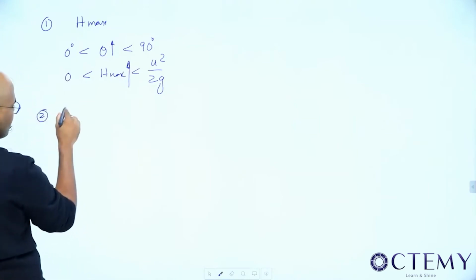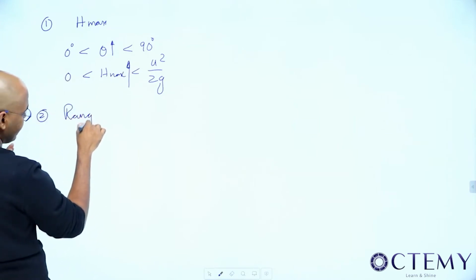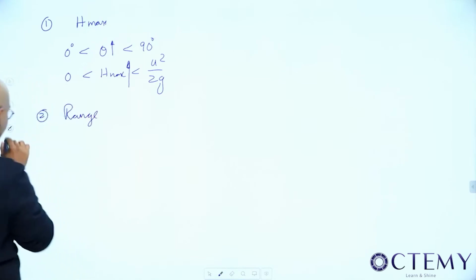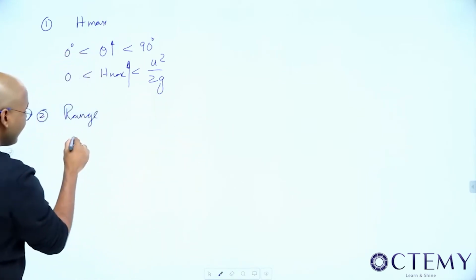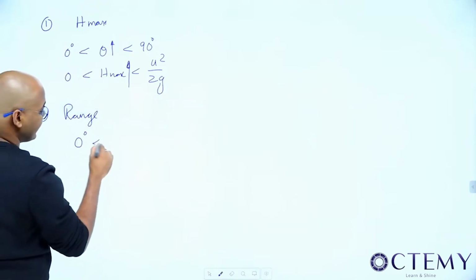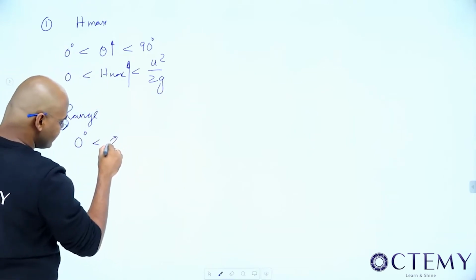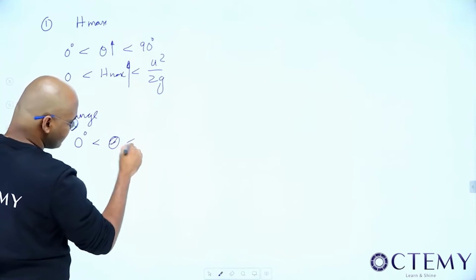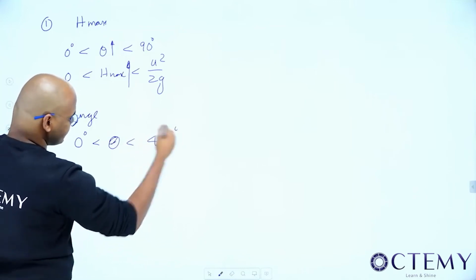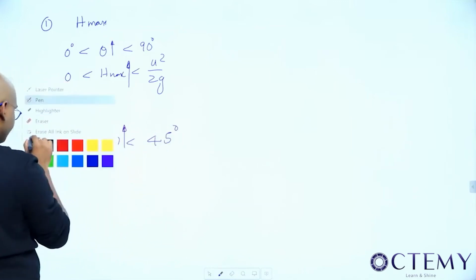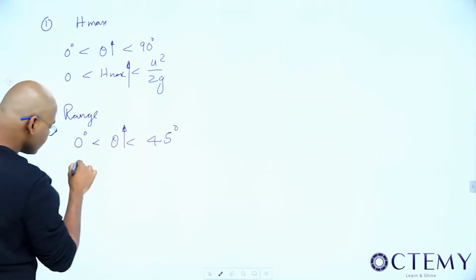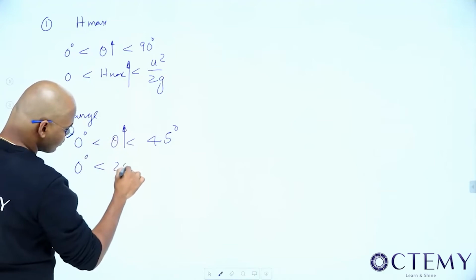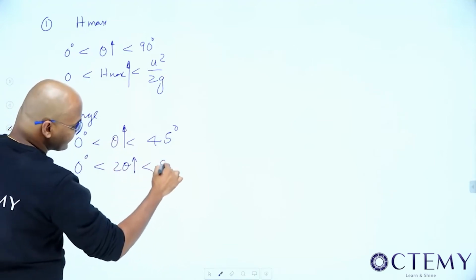In the second case, what is happening to my range? It is not varying in terms of theta, it is varying in terms of 2 theta. So I'm dividing into halves. When theta is changing from 0 to 45 degrees, 2 theta will change from 0 to 90 degrees.